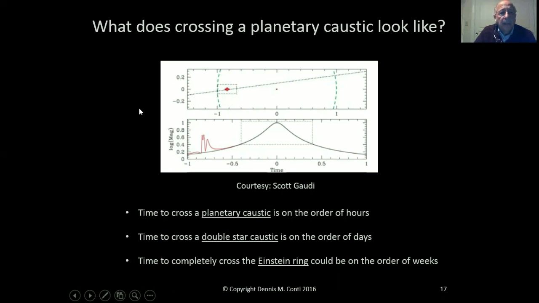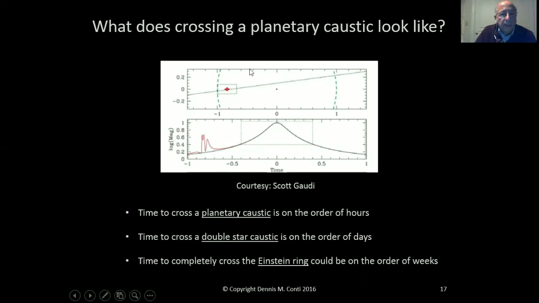And if our background star happened to cross the caustic of that planet, what one would see is not just the normal light curve as if it was just a single star, but this little blip that would occur. Now, the time to cross this caustic caused by the planet is on the order of hours.